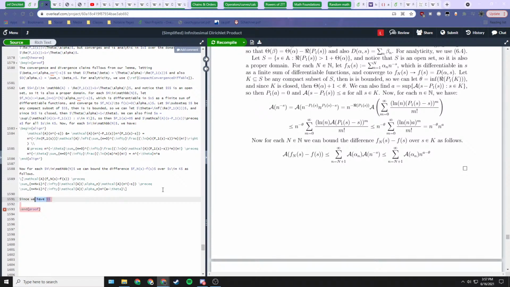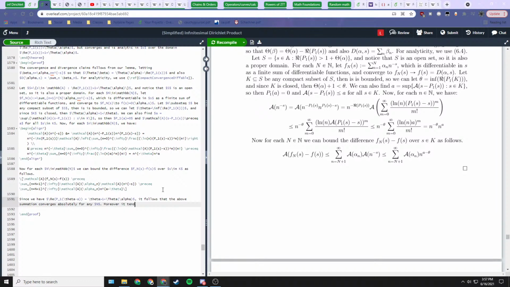So since we have the real part of P1 of a minus theta as being equal to, or sorry, this should be theta minus a, as being equal to theta, which is strictly less than, or sorry, strictly greater than 1 plus capital theta of alpha, it follows that the above summation converges absolutely for any n.